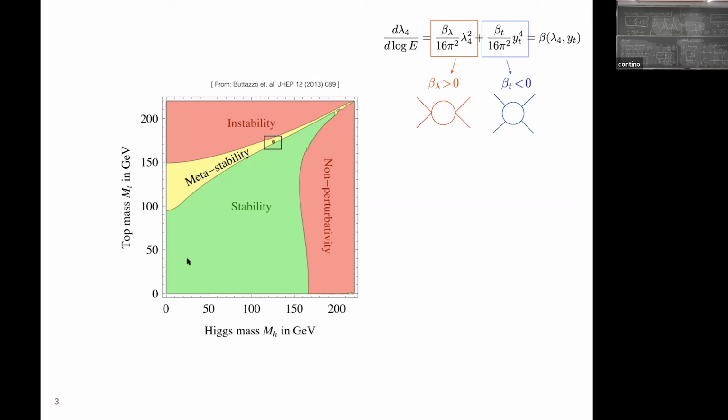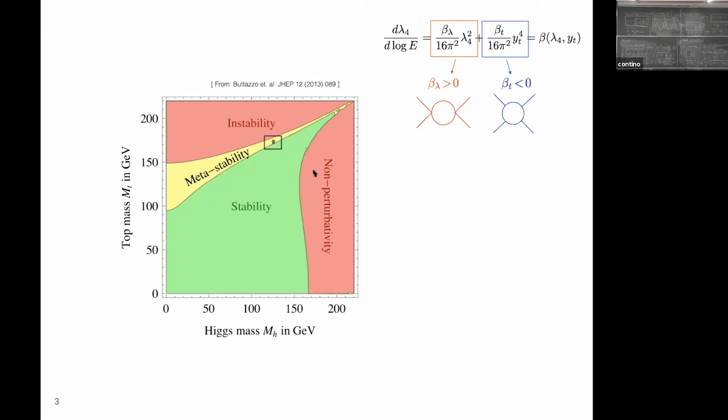Now, of course, the other question is whether the theory can be extrapolated up to arbitrarily high energies. And here you know that couplings run logarithmically, but they run. Okay, and if there are couplings which grow with the energy, then it means that the theory cannot be extrapolated to arbitrarily high energy.